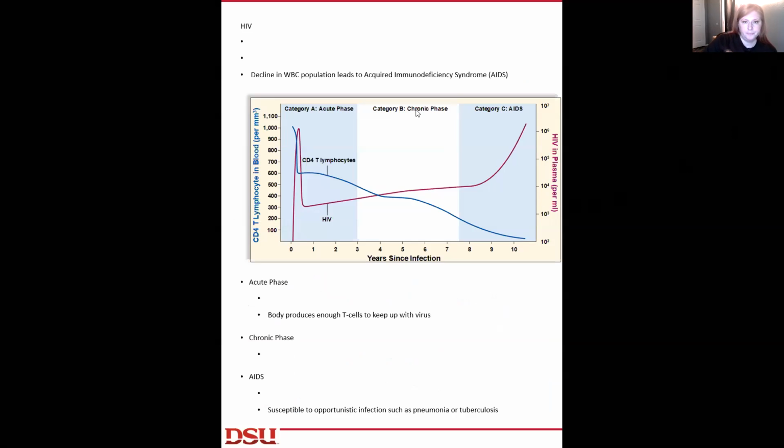Let's talk about HIV. So HIV stands for human immunodeficiency virus, and it infects helper T's.